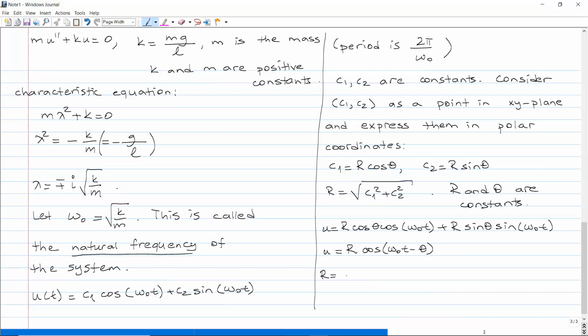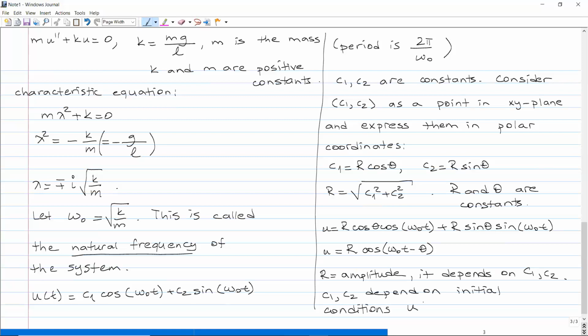This number R is going to be the amplitude of your function. Now it depends on C1, C2. The constants C1, C2 depend on initial conditions, of course. To find the constants, we need initial conditions. And what are the initial conditions?